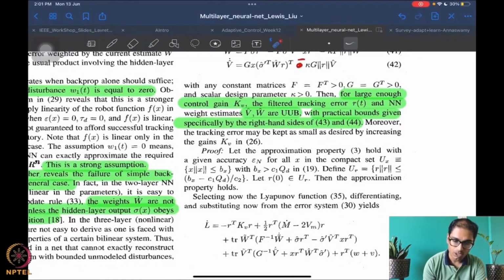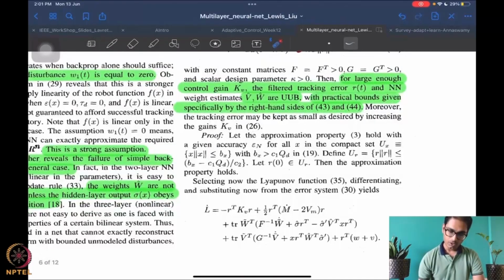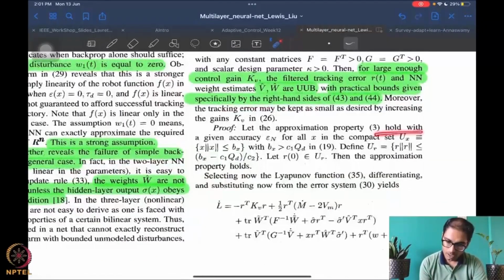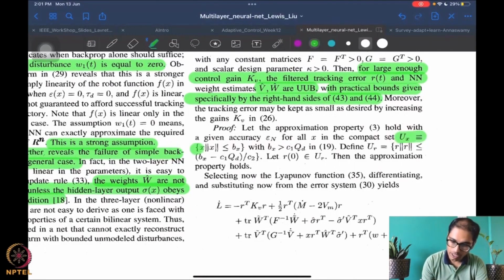So this is what you obtain. You of course assume these nice approximation properties hold for the function approximator with some epsilon N, and we assume that this holds not everywhere but in this nice set.